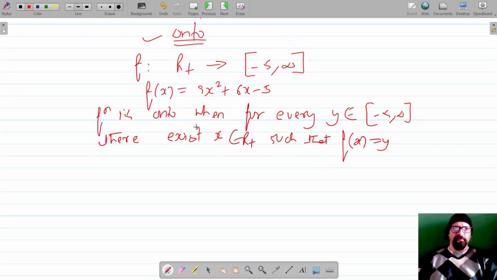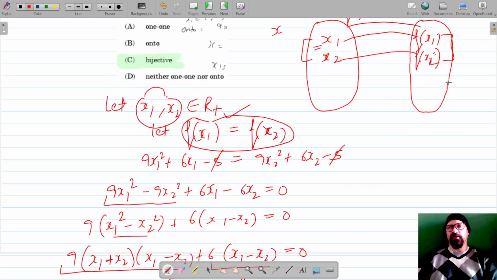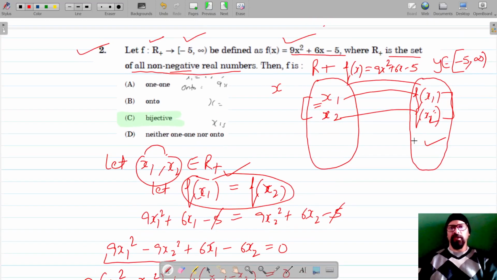Okay, so let's try to check whether it's onto or not. Let's check that for every value in the codomain, there should be an x.